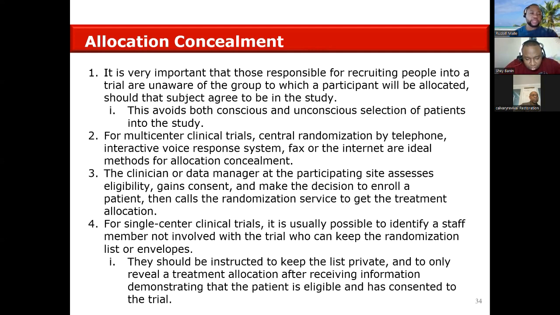For a multi-center study, there is central randomization by telephone or IVRS. A common question that you get during your site monitoring visit is, what method of randomization will be used during the study?